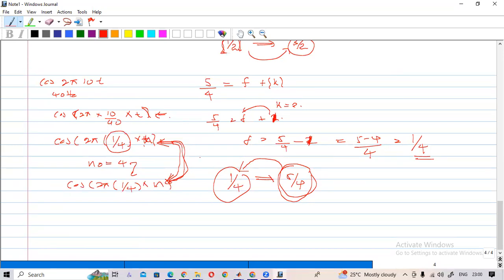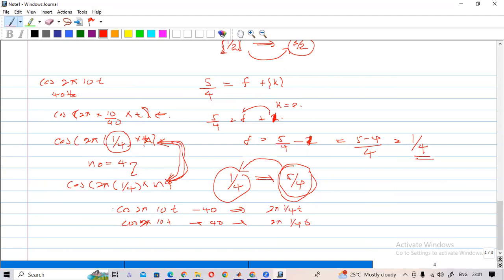Now, if you have cos 2π10t, when you sample it by 40, you will get the signal cos 2π(10/40)n. And if you have cos 2π50t signal using 40, again you will have cos 2π(10/40)n.